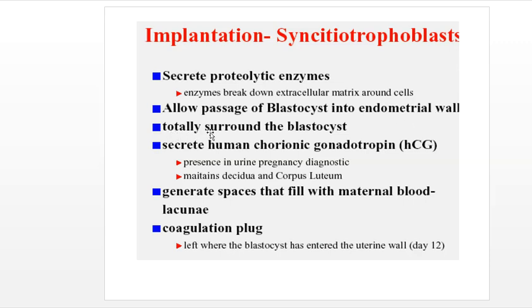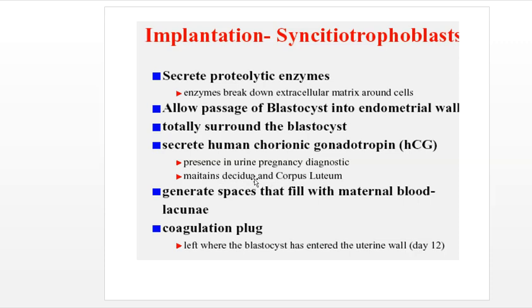This layer totally surrounds the blastocyst and secretes one important hormone that is named human chorionic gonadotropin or HCG. This is a good marker for the diagnosis of pregnancy, presence in the urine of a pregnant woman. This HCG also maintains decidua and corpus luteum.